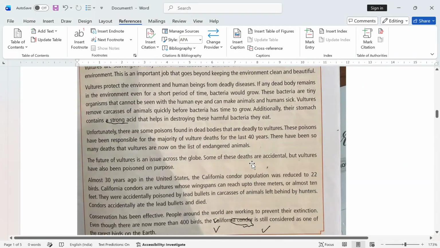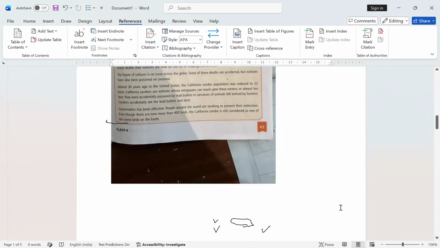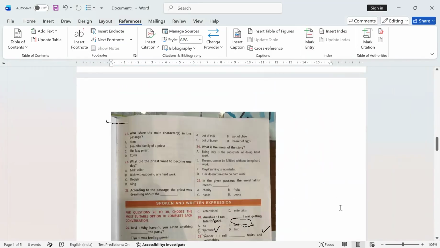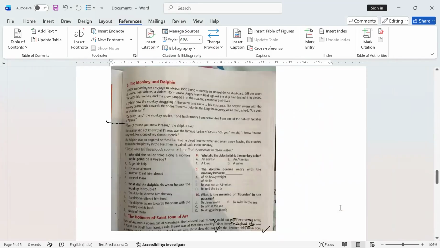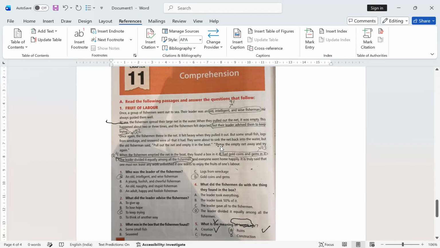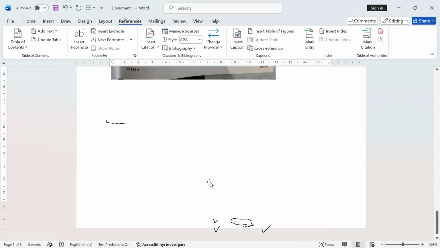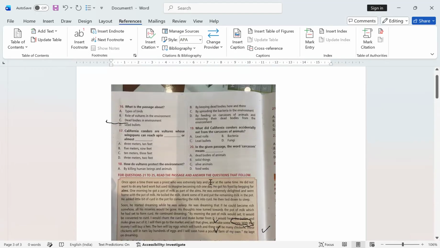So this is my first passage. Okay, this is my first passage, and this is not the question. Wait, I'm just deleting the ones that we don't need. One, this is two, and then we have three.